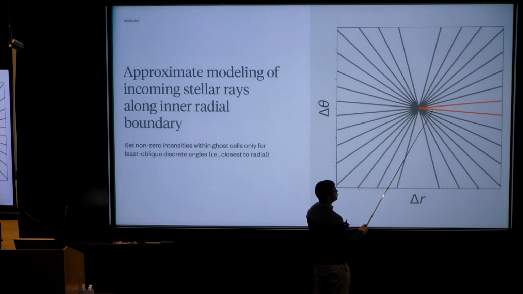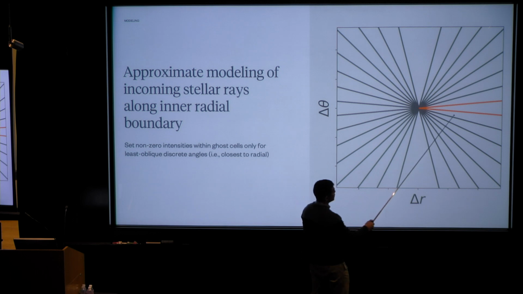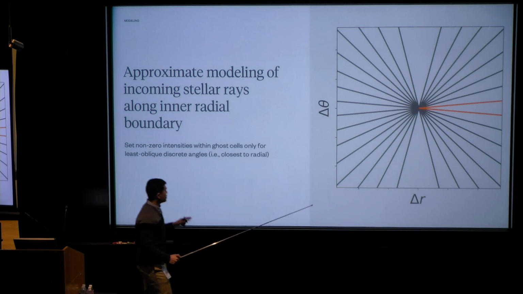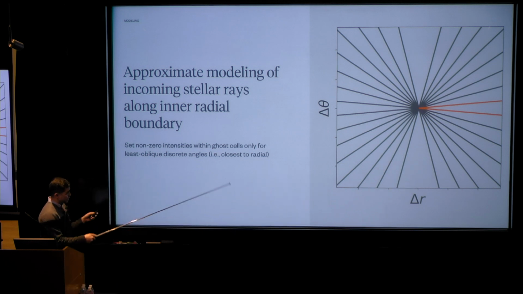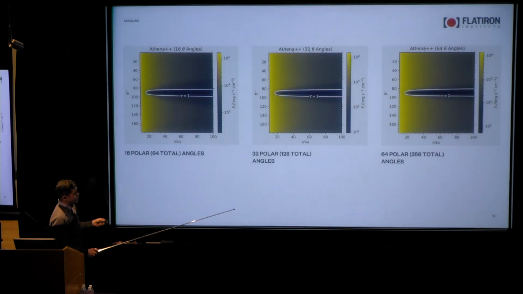We only allow non-zero intensities that correspond to the expected stellar flux at that inner boundary along the rays that are closest to this radial direction, while leaving all the rest zero. And so, as a result, this has an effect on the results given this angular discretization.